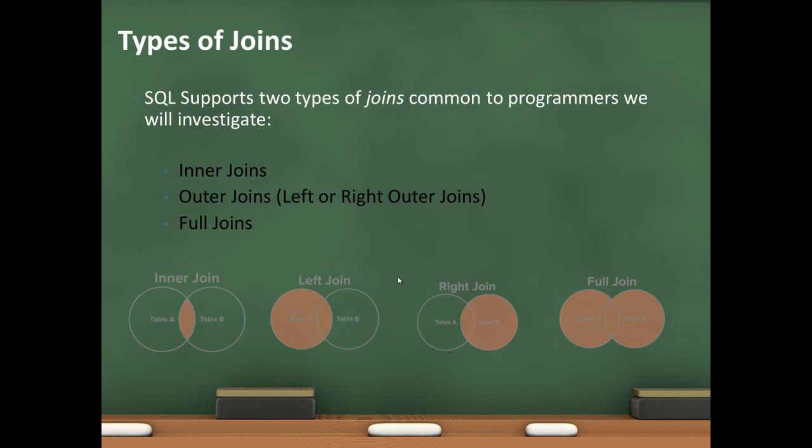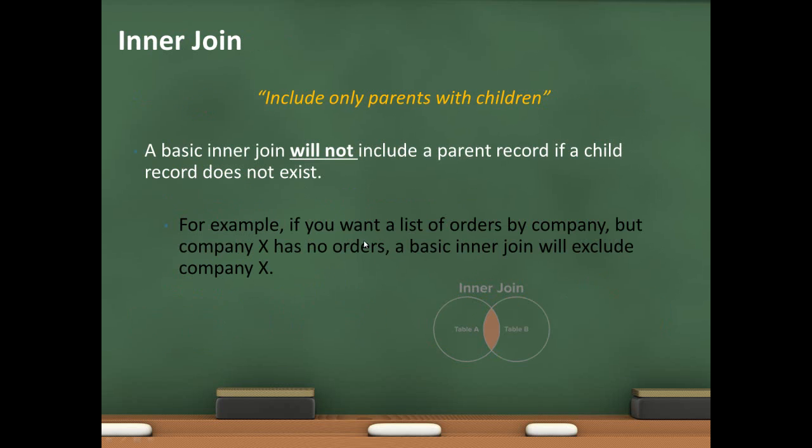Typically the most common joins that we will use as a developer will be the inner join and most likely the left outer join. We will see the other ones come up as well. Not as likely the full join, but I will explain what a full join is as well.